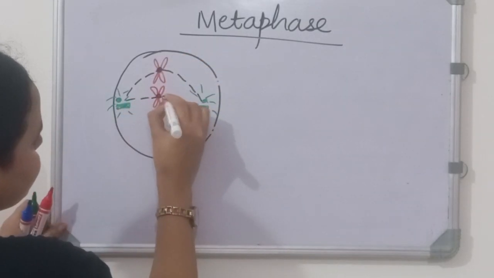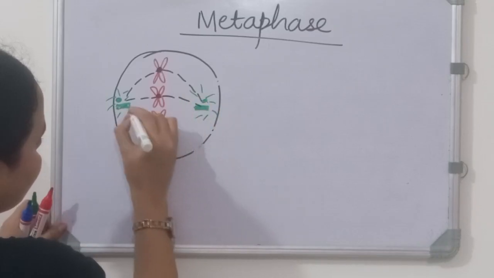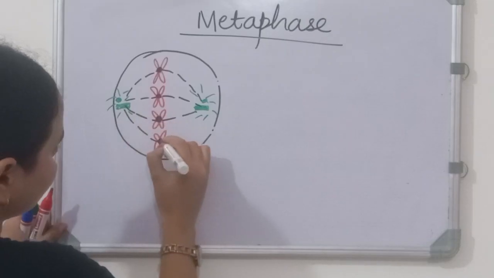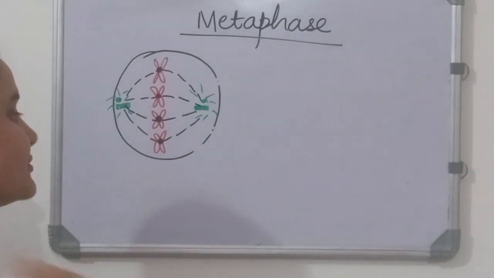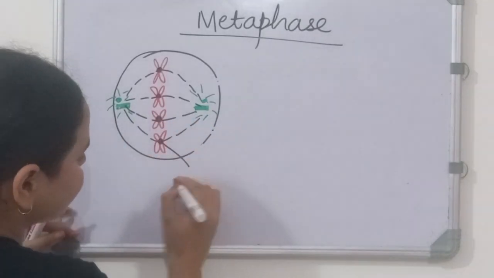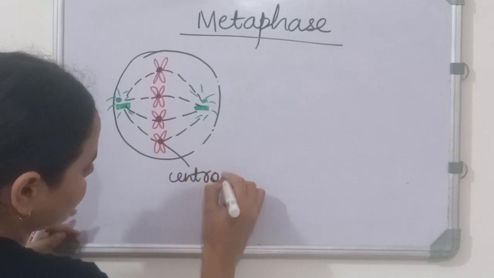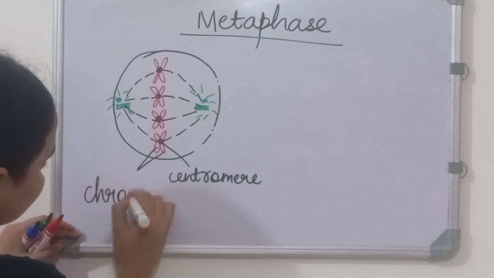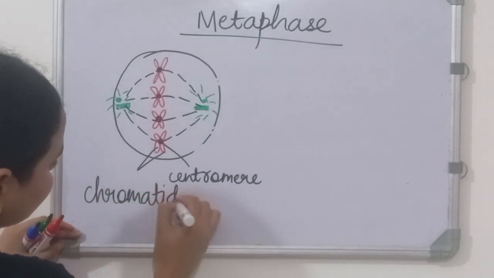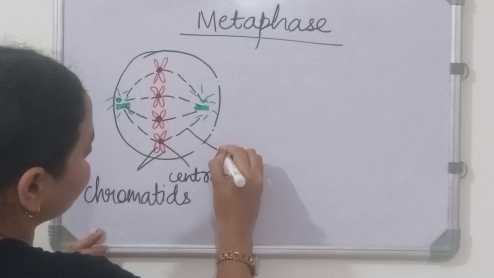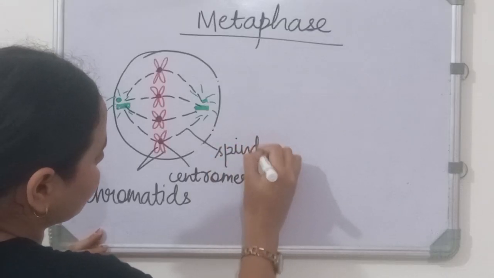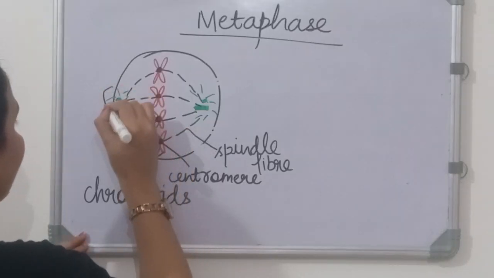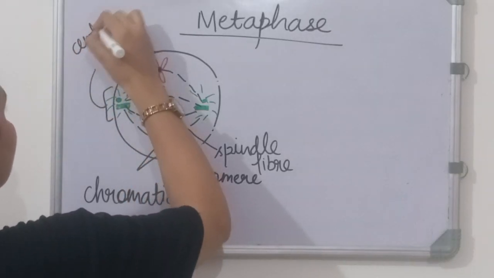This is the centromere. Okay, let's do the labeling. So this is centromere. These are our chromatids. Now this is a spindle fiber. And this is our centrosome.